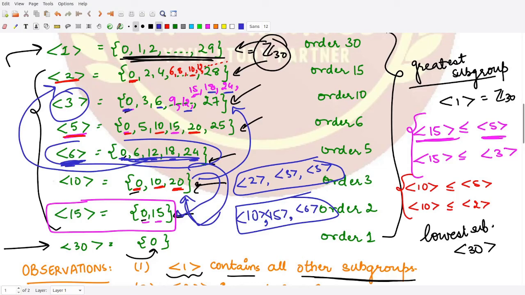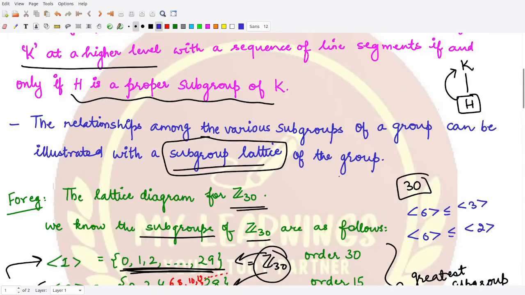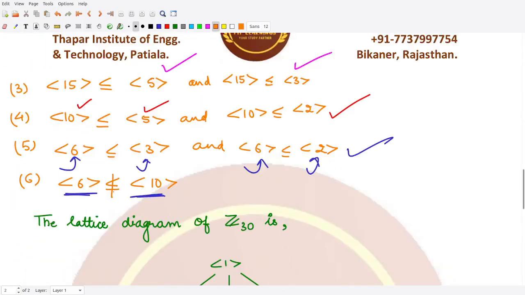and we would write down the containment of different subgroups using line segments. So let's see, with all this information, how we can very easily draw this lattice diagram. So let's move forward and look at this. You see, we had the subgroup generated by 30 at the bottom and that generated by 1 at the top, which is your group only, right?